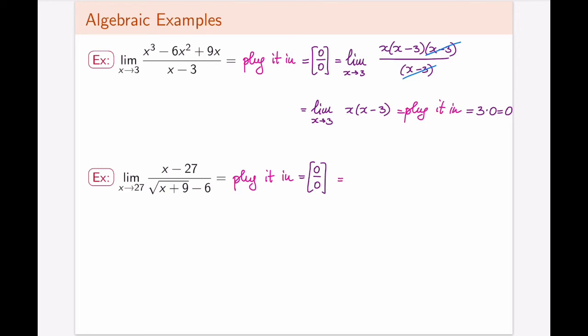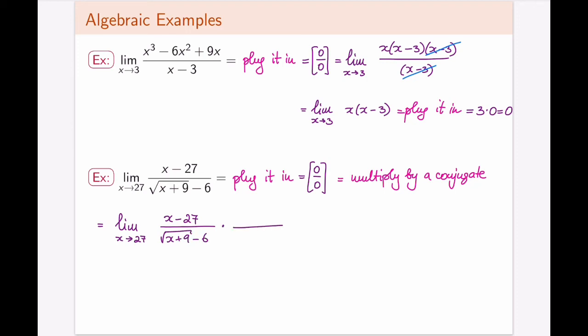So this is going to be my technique here, multiply by a conjugate, and of course, I need to multiply by the conjugate that contains the square root. So my top will keep x minus 27 for now. My bottom will keep square root of x plus 9 minus 6.